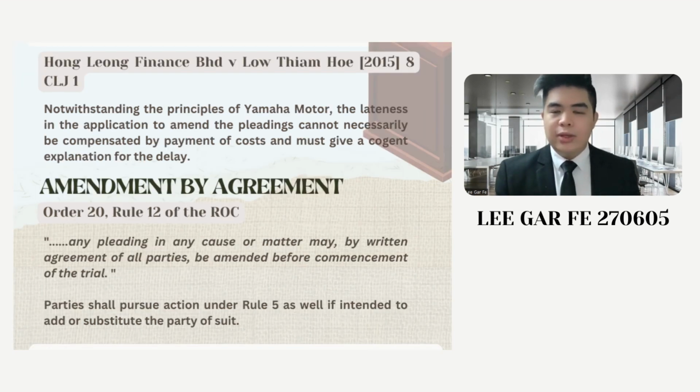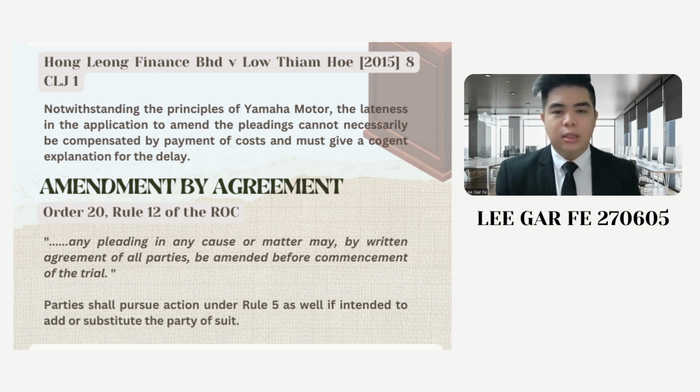Whereas, in the event of an unordinary delay in filing the application to amend the pleadings, the Federal Court in Hong Leong Finance Berhad v Lo Tiam Ho held that it is necessary for parties to give a cogent explanation for the delay incurred, to prove that the application is not a mere tactical manoeuvre.